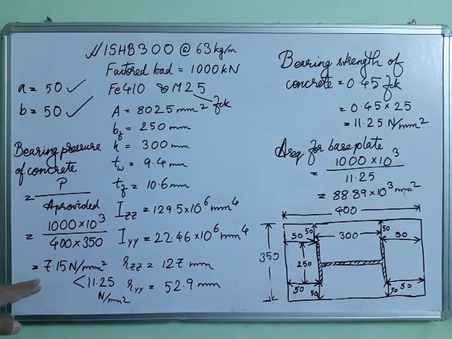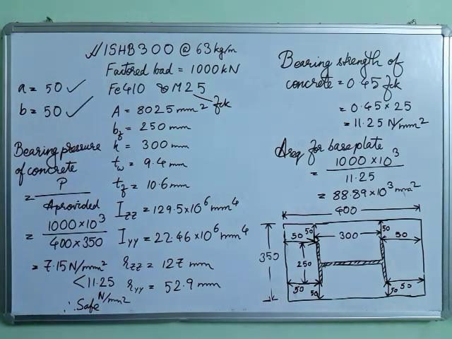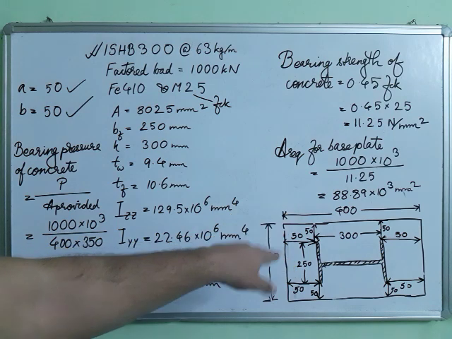It is obviously lower than the bearing strength of concrete. So in that case the whole system is safe. We have provided a significantly larger area, so from the bearing strength point of view, the whole system is safe. That means the dimensions are okay, 400, 350.